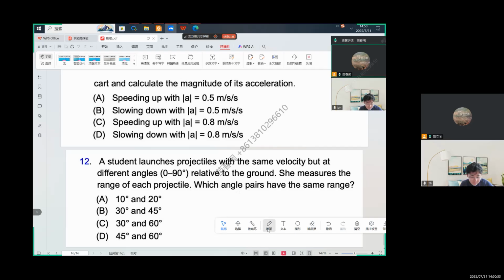How to do 12? This one sounds familiar, right? It starts with the previous one. Do you remember the formula?